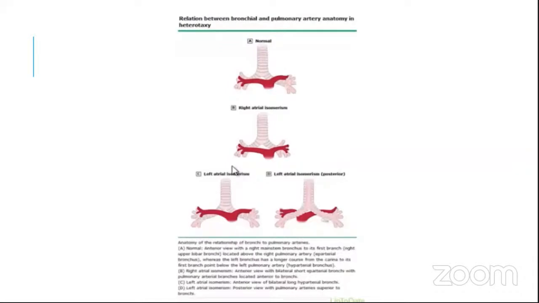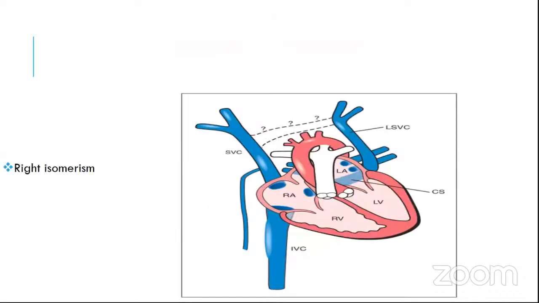In right atrial isomerism, both bronchi are short, with the pulmonary arteries anterior to both bronchial trees. In case of right isomerism, we may have a left persistent superior vena cava connected to the left atrium.